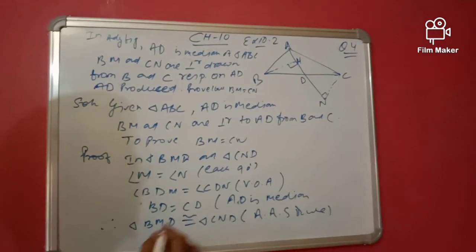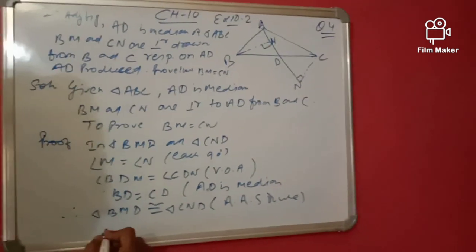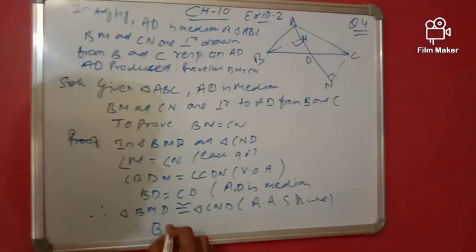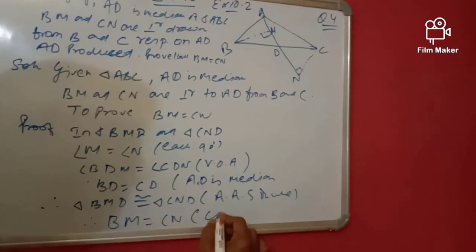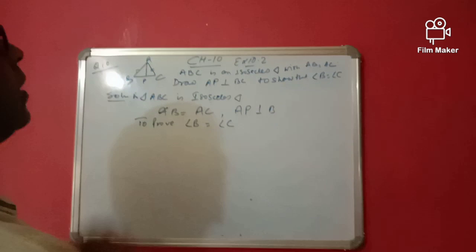Therefore BM equal to CN by CPCT. Now write down CPCT.